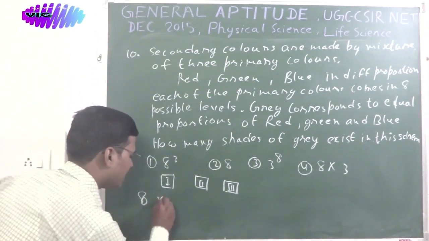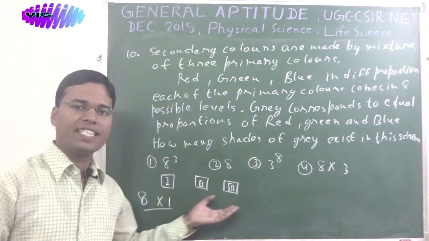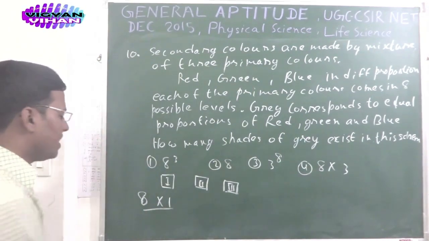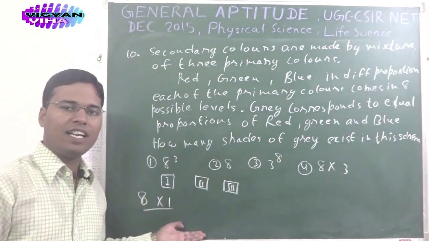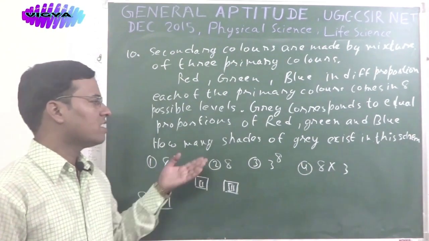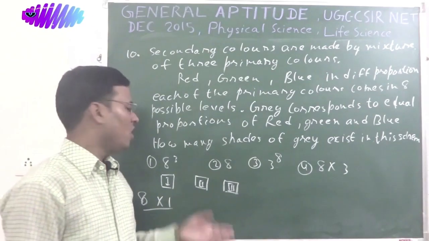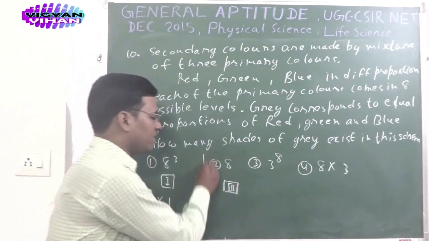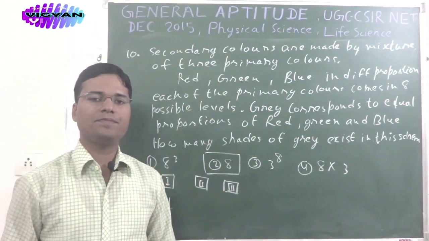In that condition, there is only one way to mix them in proportion. There are 8 ways to select the level of color. The total number of ways in which the gray color can exist will be 8. Option 2 is the correct answer of this problem.